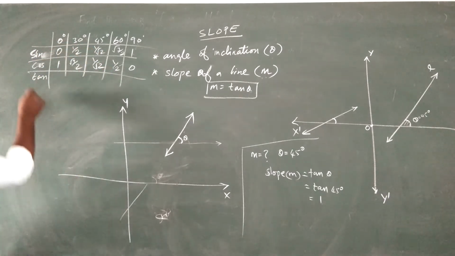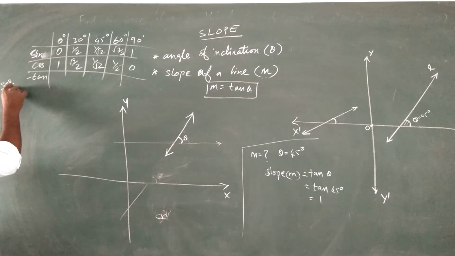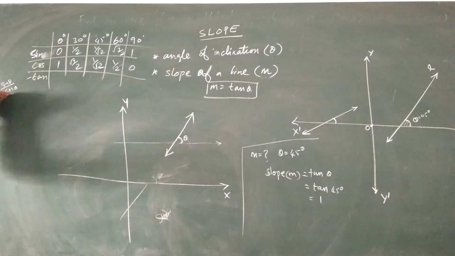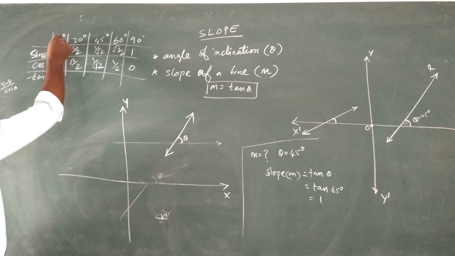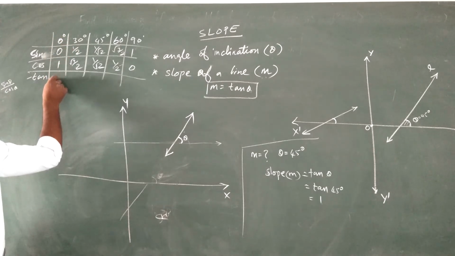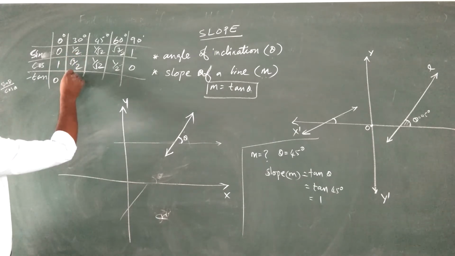Then tan, so tan theta is nothing but sin theta by cos theta. Sin theta by cos theta is equal to tan theta, sin by cos, tan. So like that, 0 by 1, 0, 1 by 2 divided by root 3 by 2, 2 cancel, 1 by root 3.